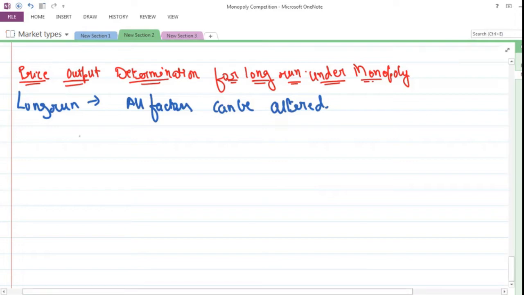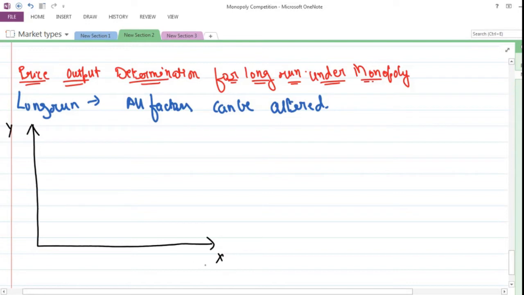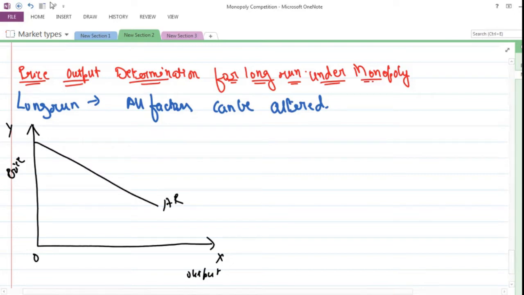So let's draw a diagram for this. Here we have the x-axis output, y-axis price, point of origin. We have the AR curve, we have the MR curve.